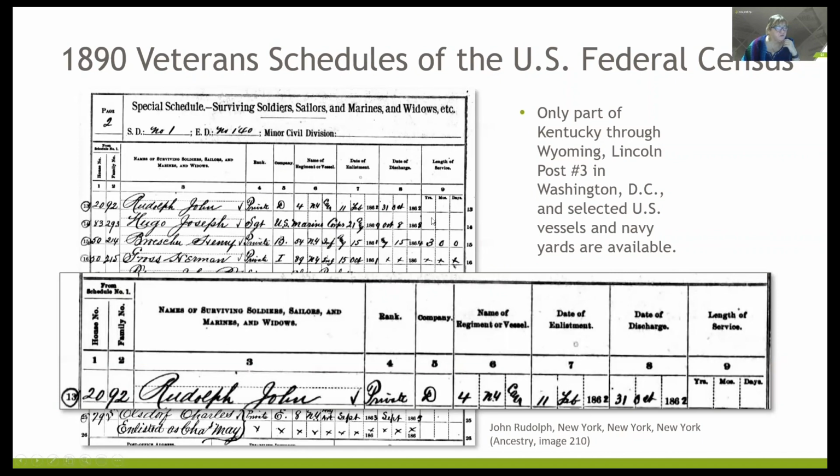If you ever tried to go for a Civil War pension file, you look at the pension index and you've got all these candidates, but if you don't have some kind of identifying information, like maybe the wife's name is listed, something that's going to identify that person as your John Rudolph, having all these details here is what's going to help you, because that's included on those index cards as well.